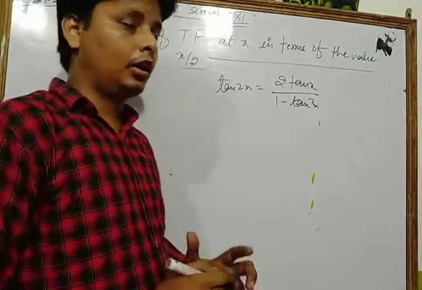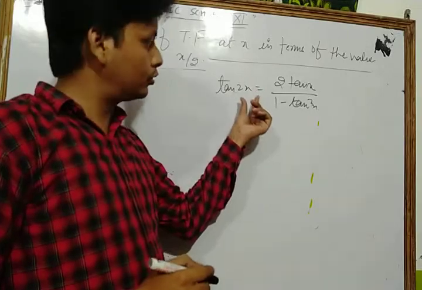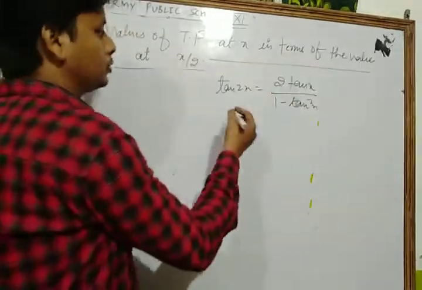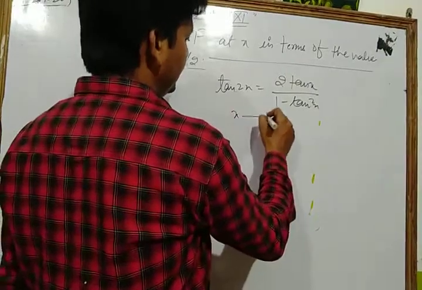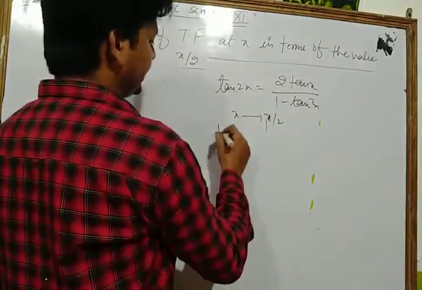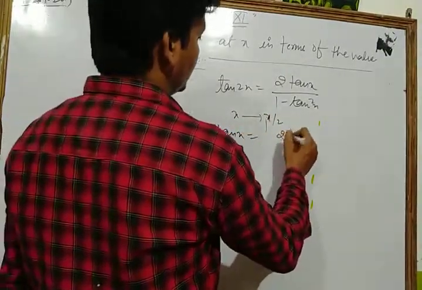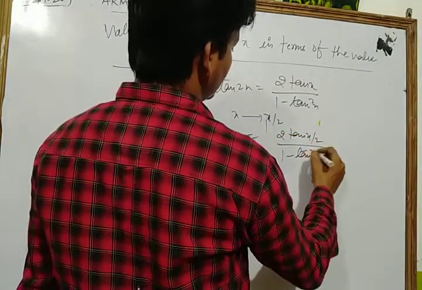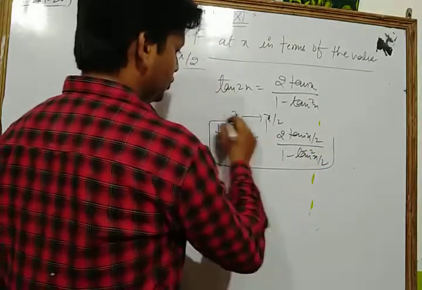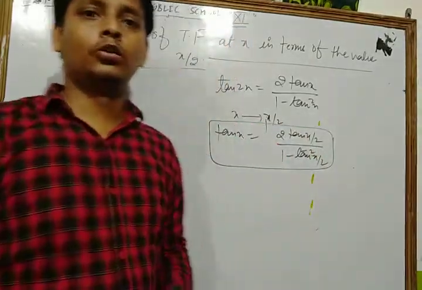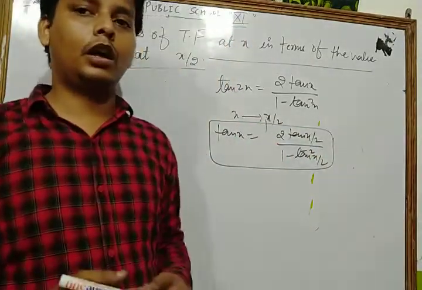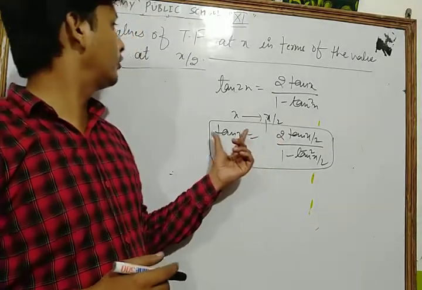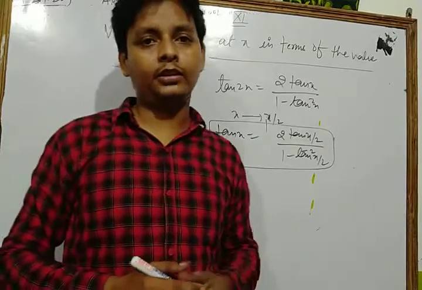So here we replace x by x by 2. Then what do I get? Tan x is equal to 2 tan x by 2 upon 1 minus tan square x by 2. Okay, so we find all the trigonometric functions at x in terms of the values at x by 2 in this way. Okay, thank you.